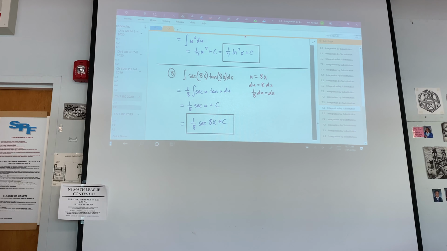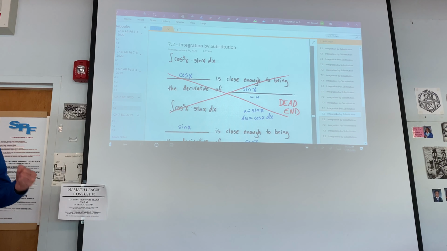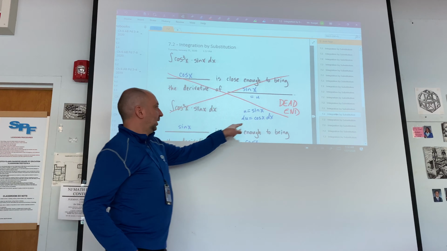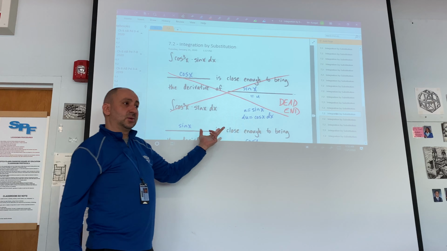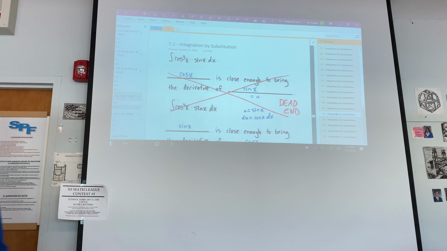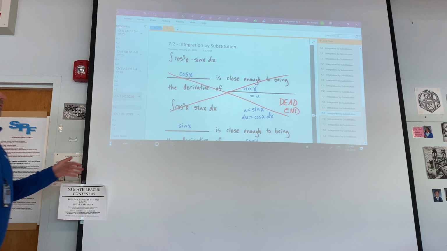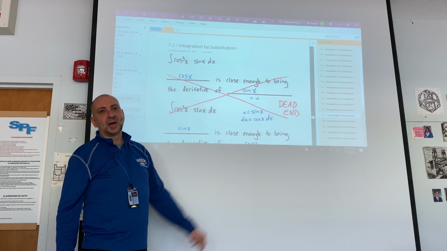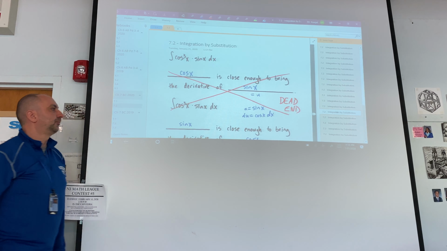And people are like, oh, can we cube both sides of the equation? First off, that's not an allowable operation, but you can't selectively cube, because if you cube both sides, you're going to get du cubed, you're going to get dx cubed also. The only thing we're allowed to do to both sides of this equation is multiply by a constant, okay?